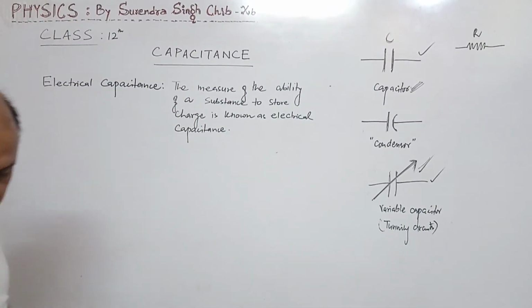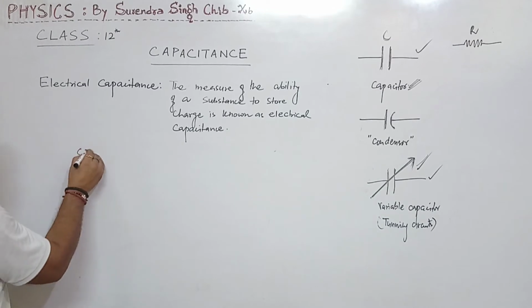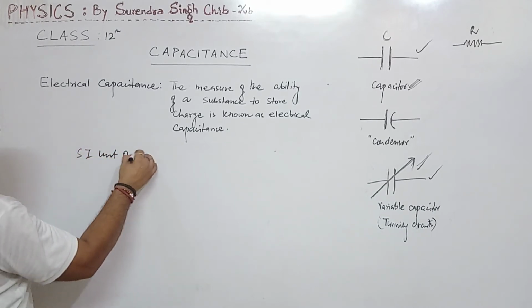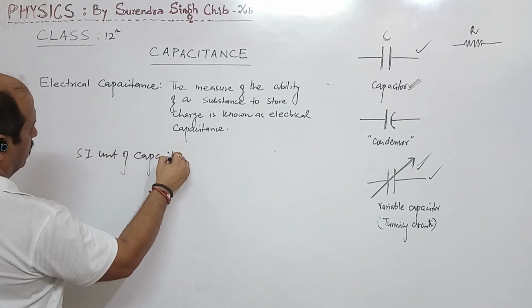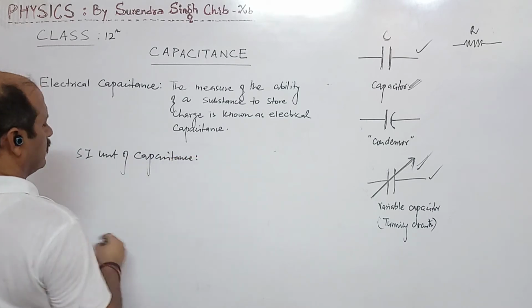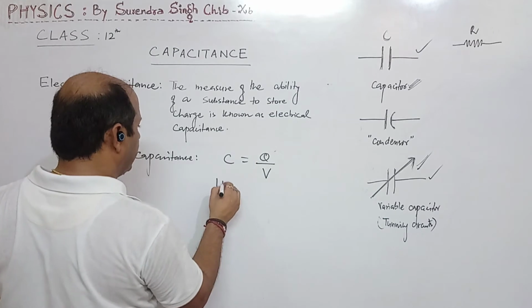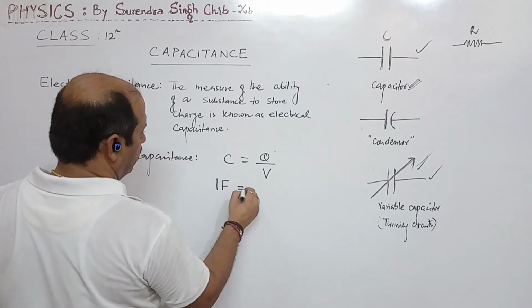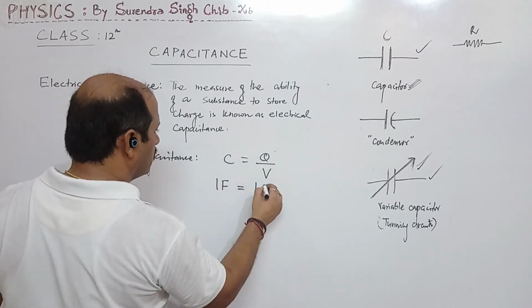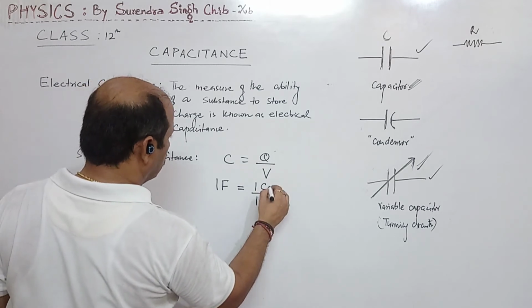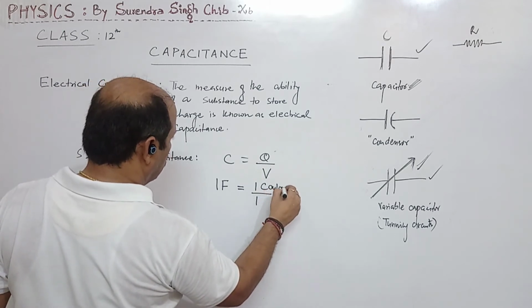Now, SI unit of capacitance. What is the formula? C equals to Q upon V. SI unit is 1 farad. 1 farad is equals to 1 coulomb upon 1 volt.